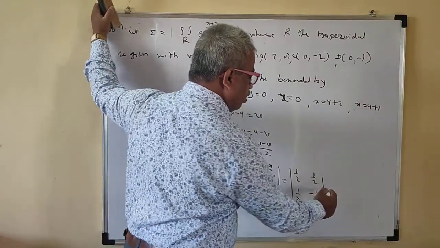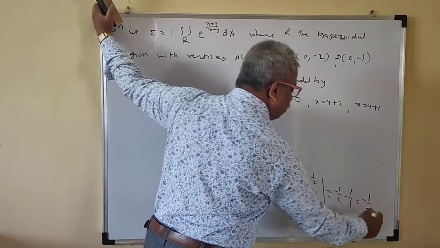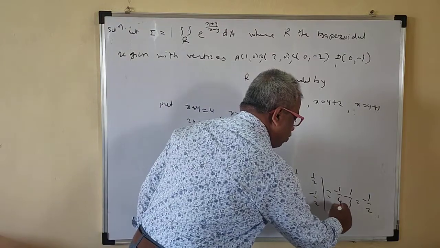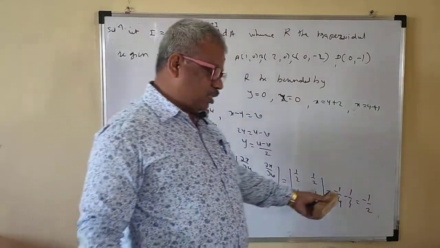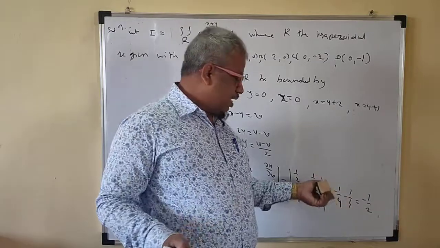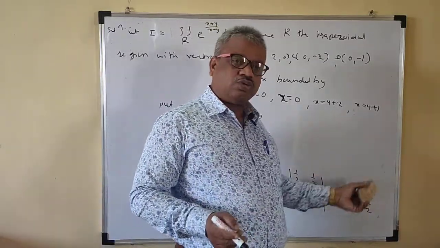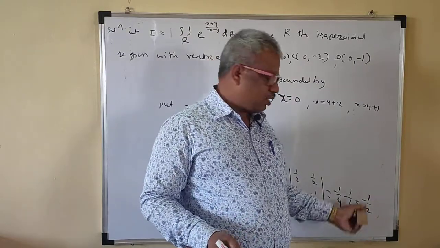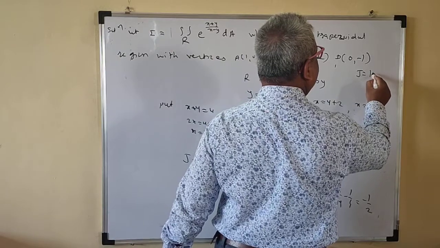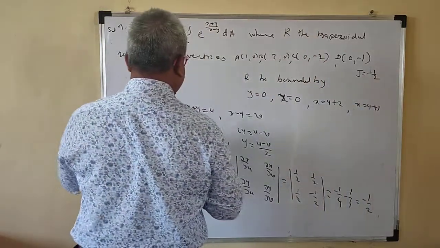So this is minus 1 by 4, minus 1 by 4, which is minus 2 by 4, that is minus half. The denominators are the same and the signs are also the same, so you take the addition. So your Jacobian is minus half, and we take the modulus, half.